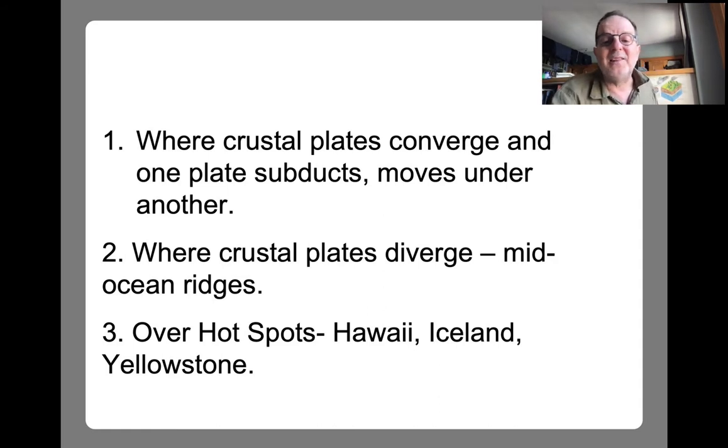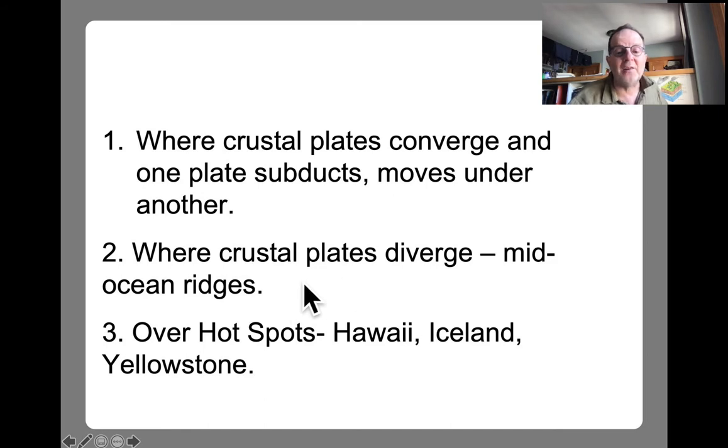2, where crustal plates diverge at mid-ocean ridges, in the middle of the ocean we have areas where the crust separates, and this would also actually be in parts of the Rift Valley of Africa, East Africa, where we have crustal plates diverging, and the island of Iceland is actually probably the result of this mid-ocean ridge and land that has been created by volcanism where crustal plates diverge.